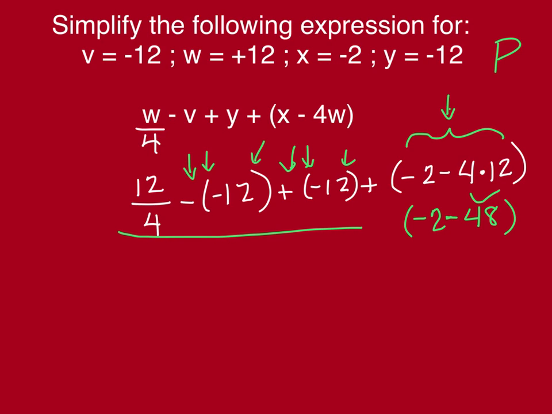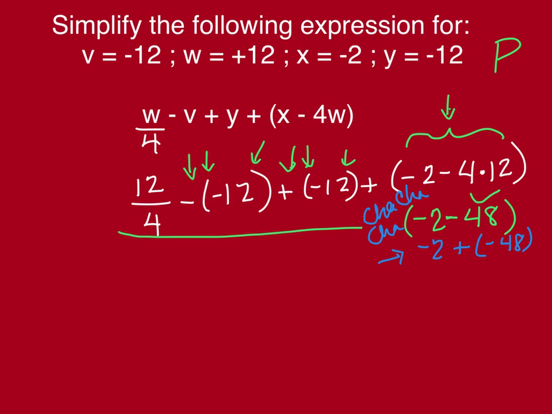Now, of course, I am subtracting, so I get to do the cha-cha-cha. So I stay, change, cha-cha-cha. This stays the same, this changes, and the 48 becomes negative 48. Don't forget to cha-cha-cha so that you can get it right.